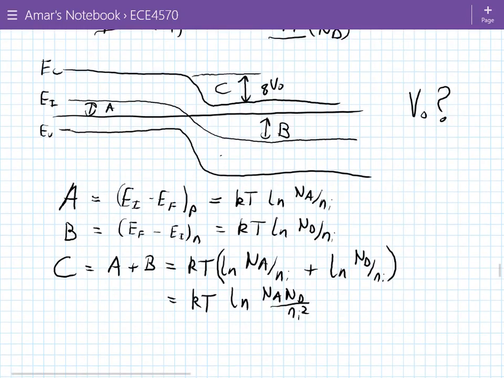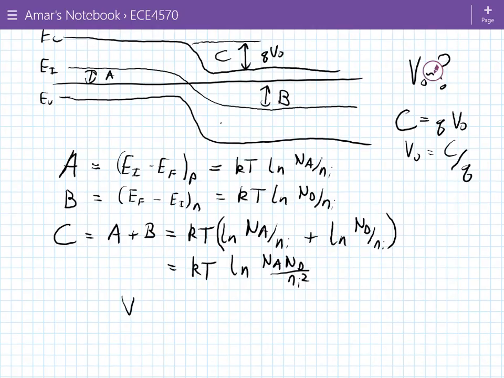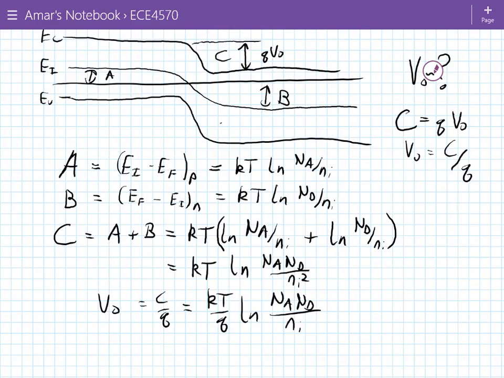Now the distance C is equal to Q times V0, so V0 is equal to C divided by Q. So V0 equals KT over Q ln of NA ND over NI squared.